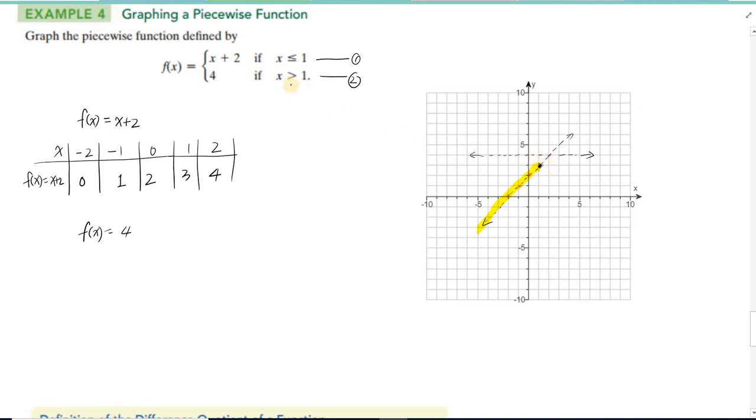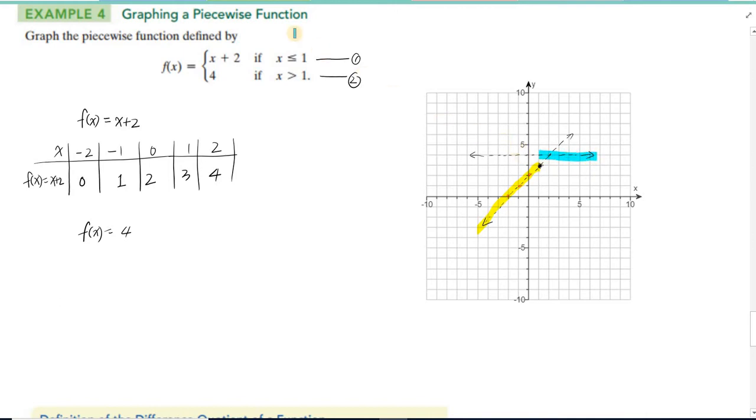Then we look at the second condition for when f of x equals 4. So x must be greater than 1. In this case, again, my 1 is right here. So I'm going to graph this portion. The only part that works for us is when it's greater than 1.